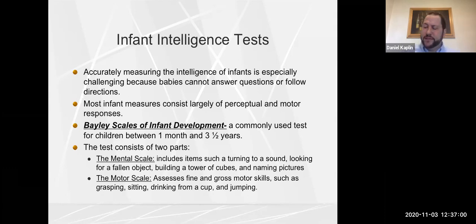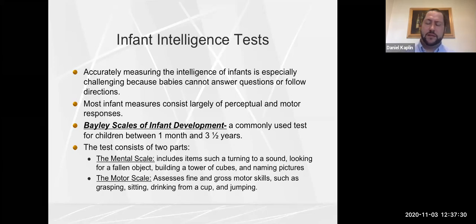And you might ask yourself, why would a person want to test intelligence in infancy? Well, if a child is nonverbal at 18 months, or they're demonstrating some kind of cognitive or linguistic delay, you might want to identify that early so you can engage in early intervention to treat it.